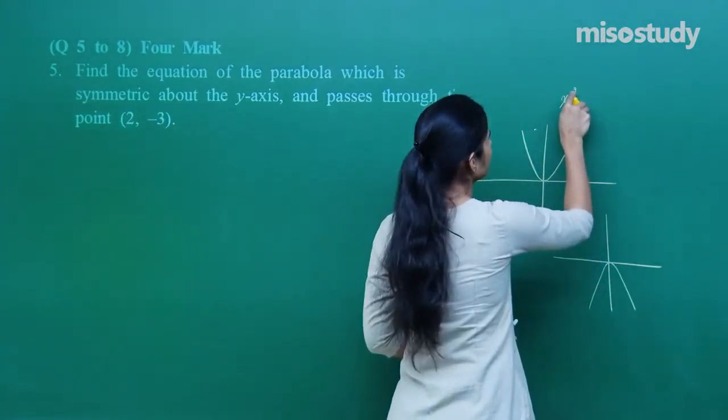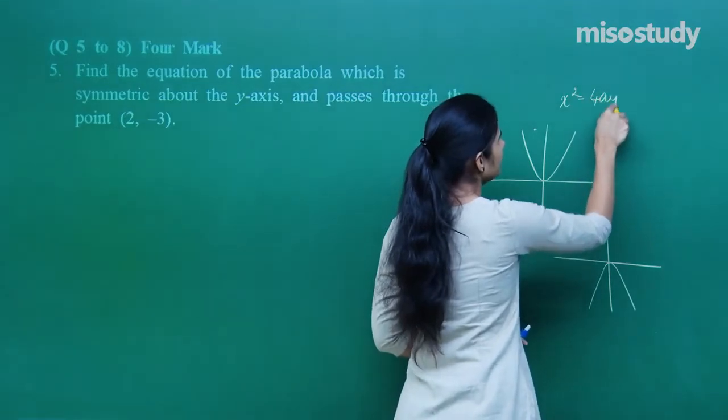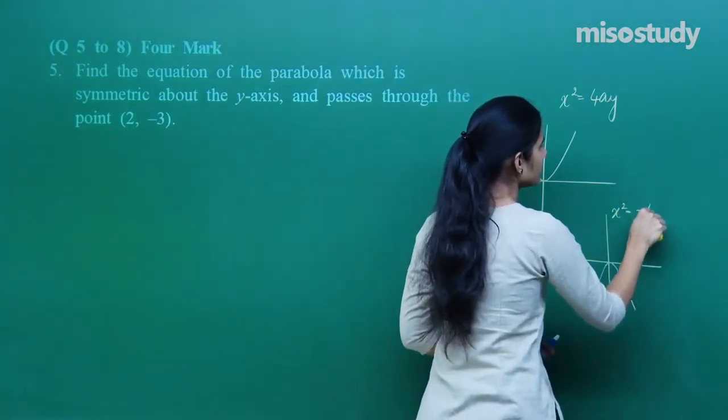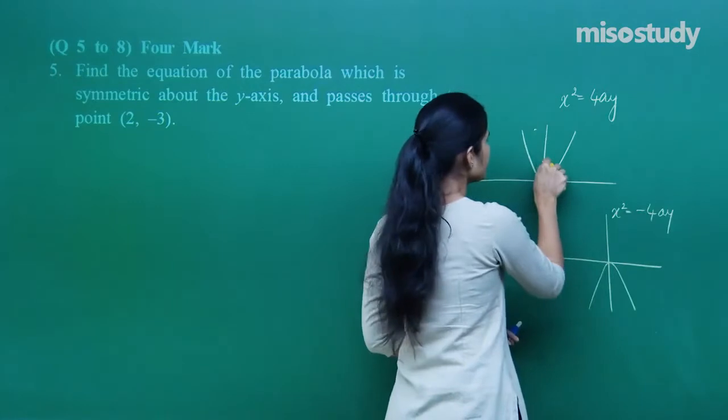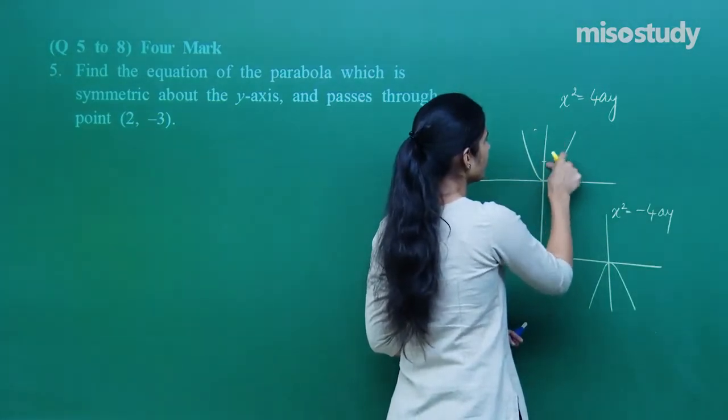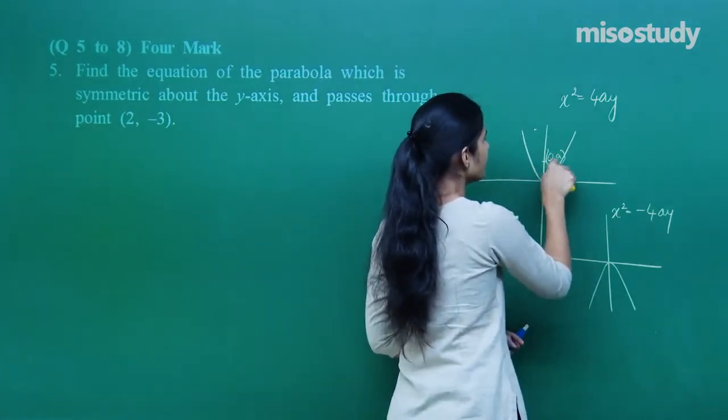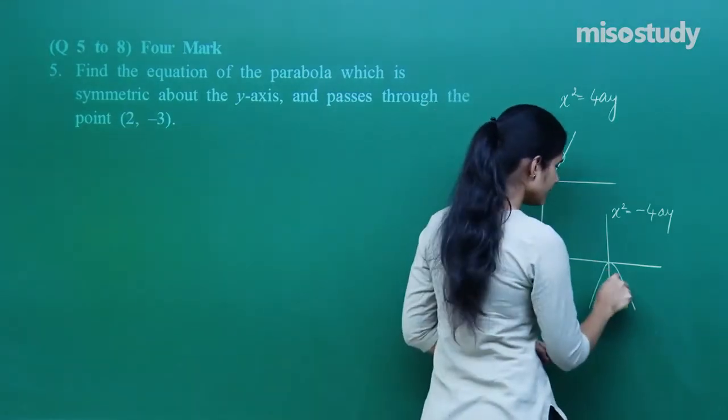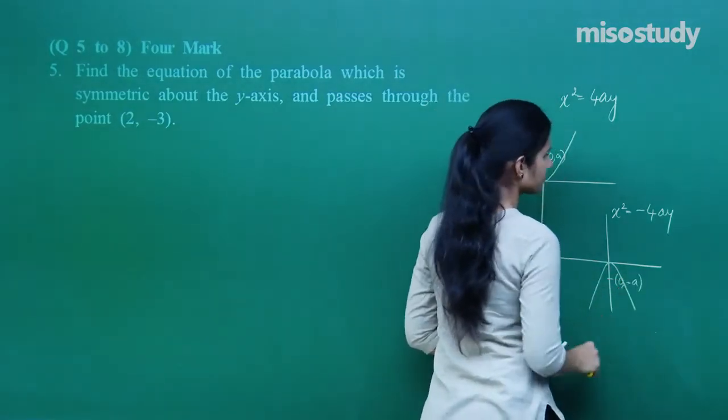This has equation x square equals 4ay. This has equation x square equals minus 4ay. 0, A is my focus in this case, and in this case 0, minus A is my focus.